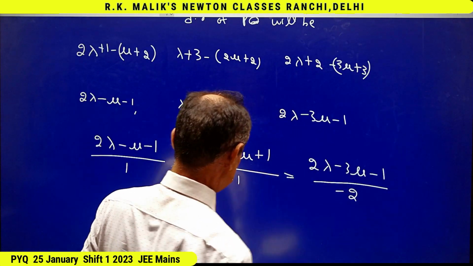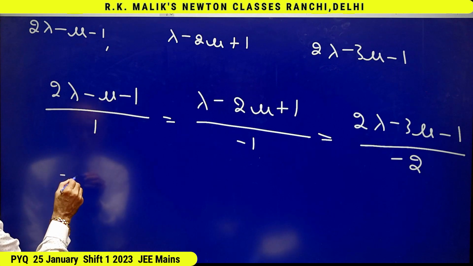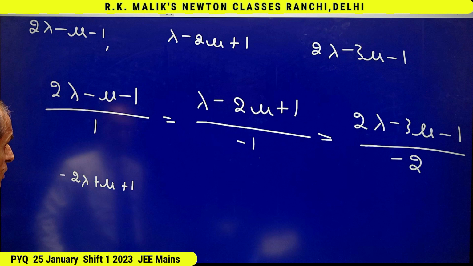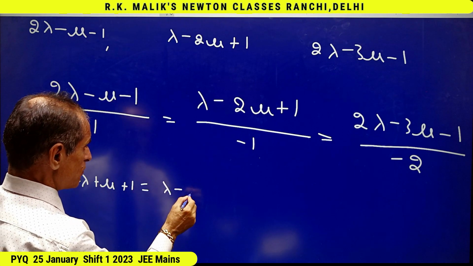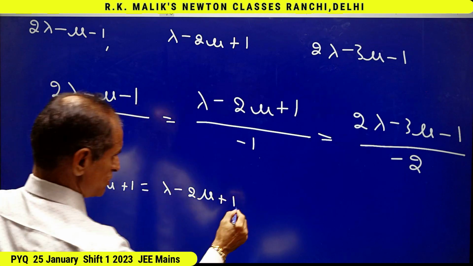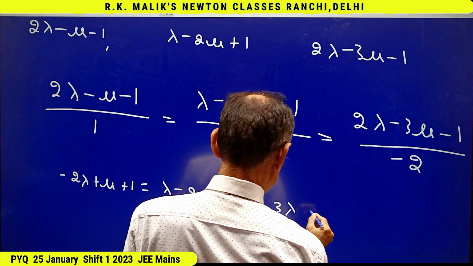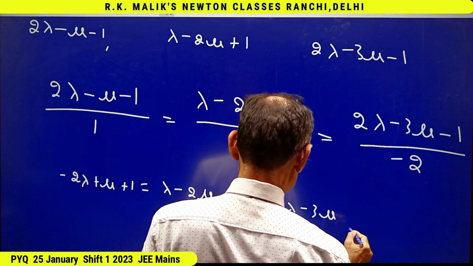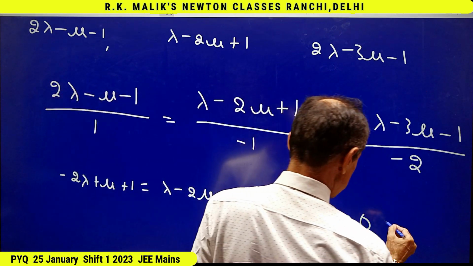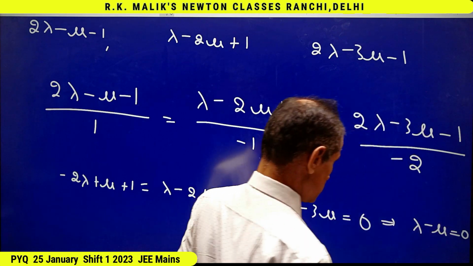If I equate these two, I will get minus 2 lambda plus mu plus 1 is equal to lambda minus 2 mu plus 1. This implies that 3 lambda minus 3 mu equals 0, that is, lambda minus mu equals 0.